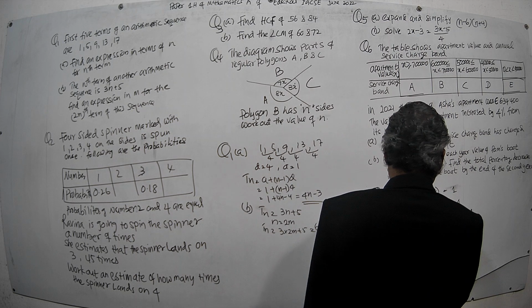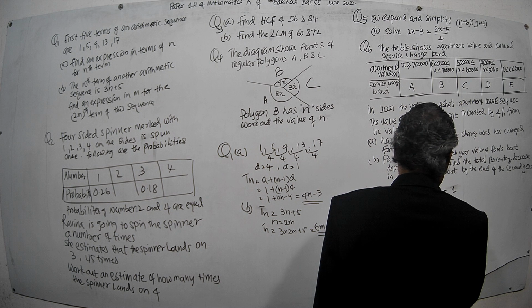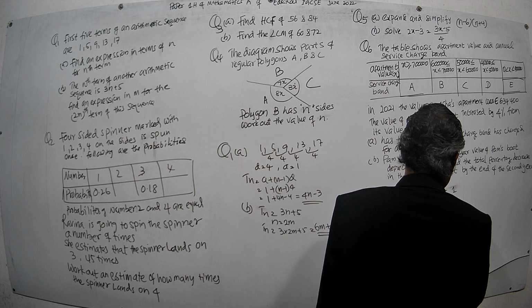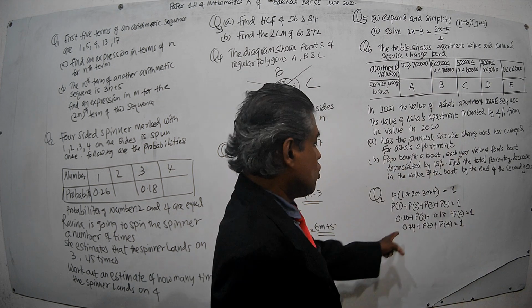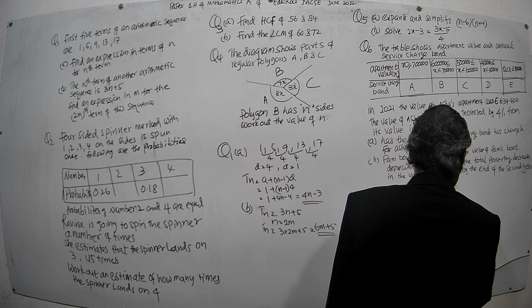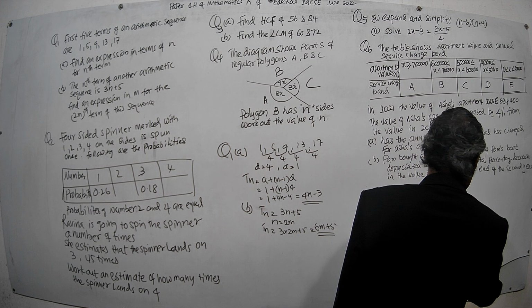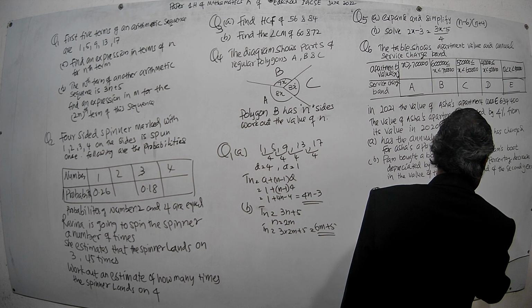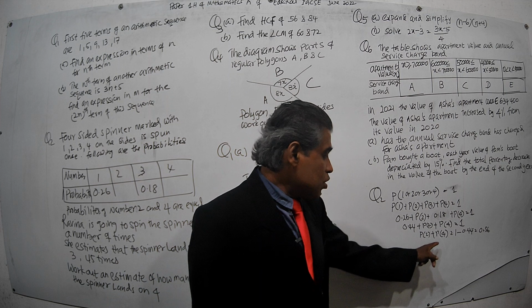Then it will be 0.44 plus P2, probability of 2, plus P4 equals how much? 1. Then you can take the 0.44 to the other side. Then P2 plus P4 equals 1 minus 0.44. That means equals 0.56. That is the sum of the probabilities of P2 and P4.